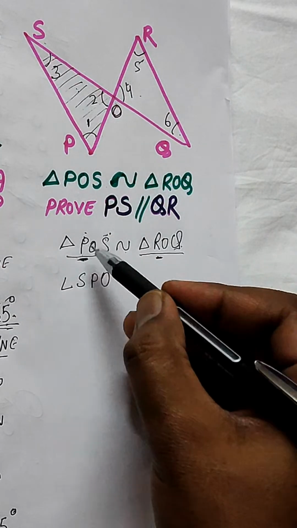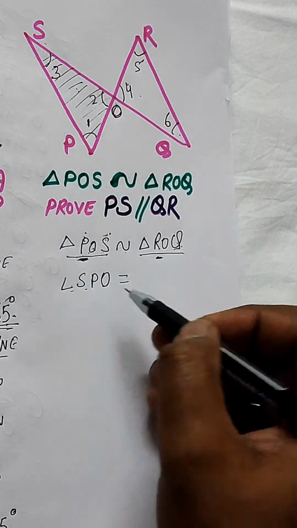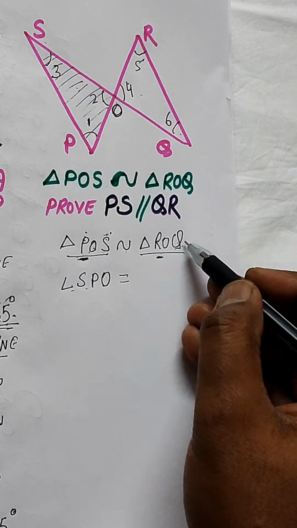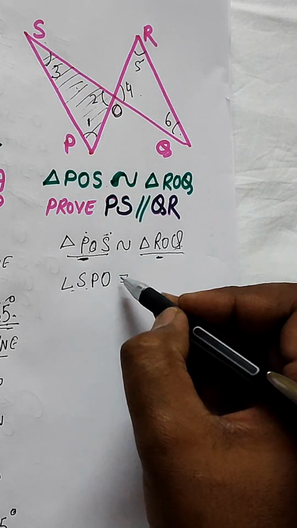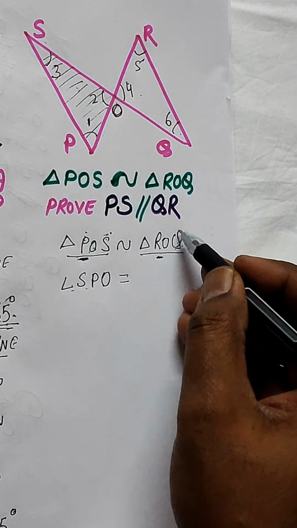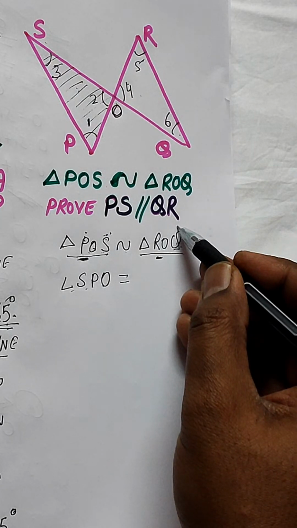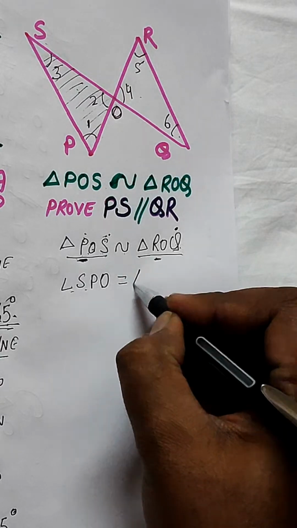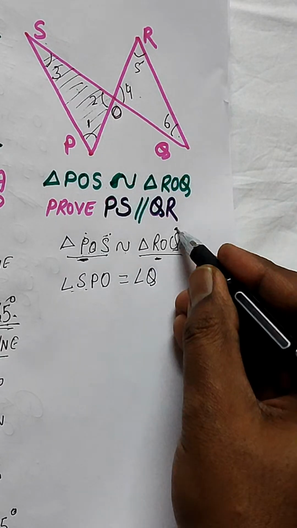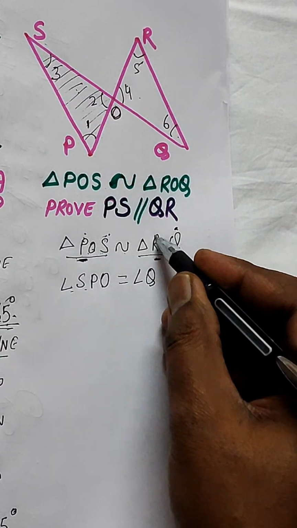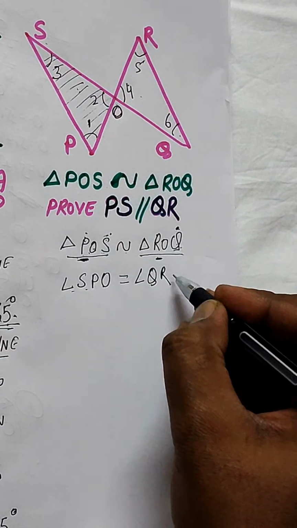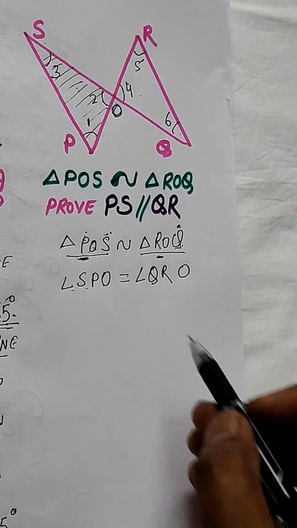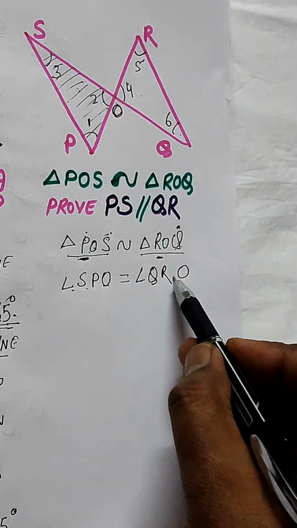So angle SPO is equal to the angle which, in the same fashion, we will take from the other triangle. So we'll follow the same sequence, that is, first the last one, Q, so write angle Q, then first, R, and then O, right? So angle SPO equals angle QRO.